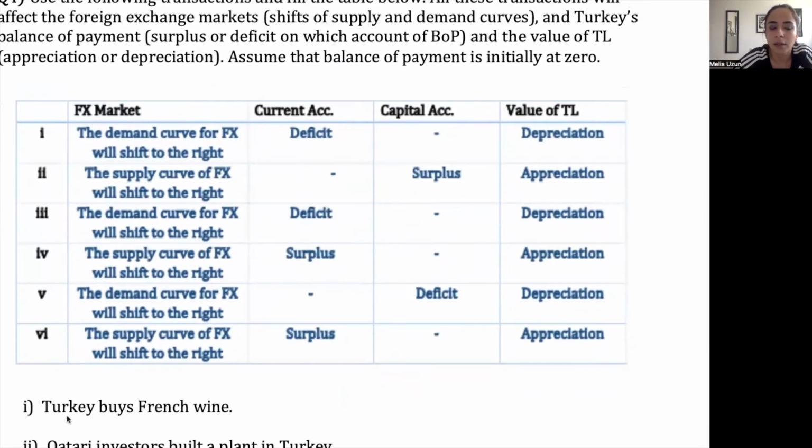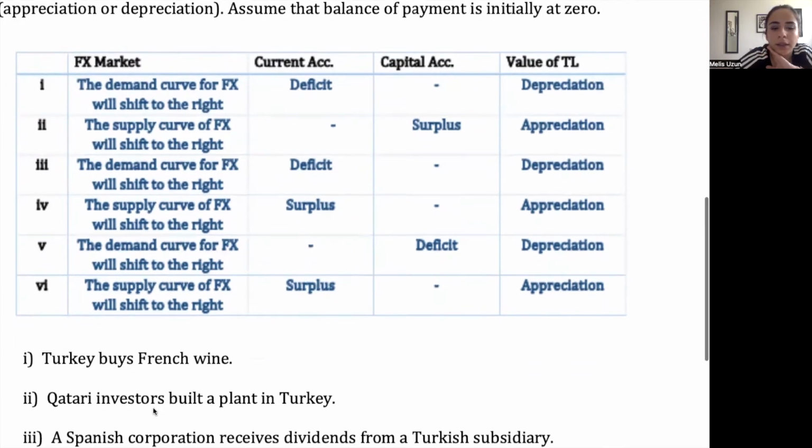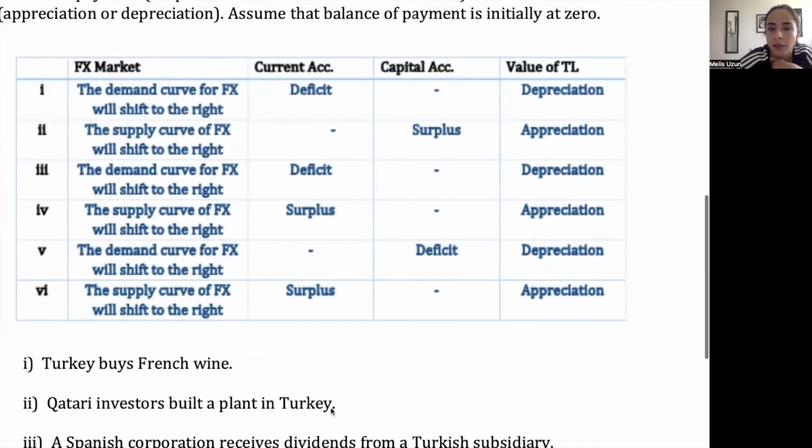And because it is an import, current accounts, we will have a current account deficit, and the value of TL will depreciate because in order to buy French wine, we need dollars, and demand curve for foreign exchange markets shift to the right. And Qatari investors build a plants in Turkey.